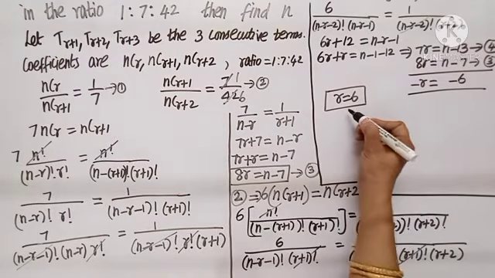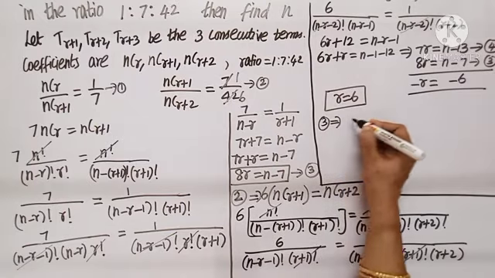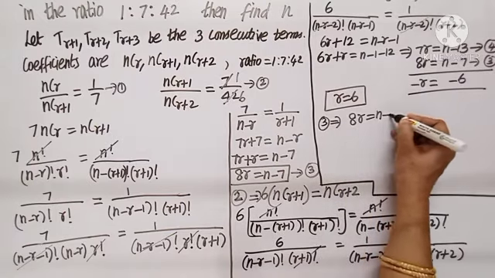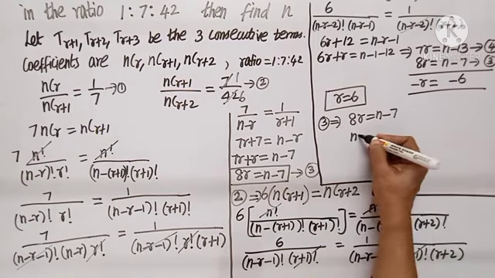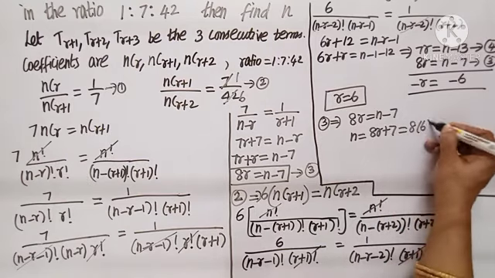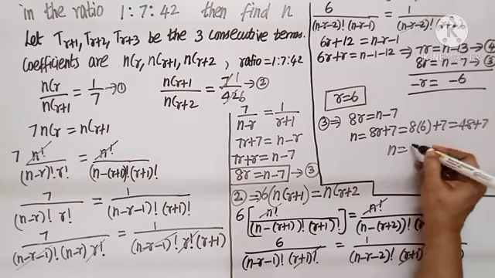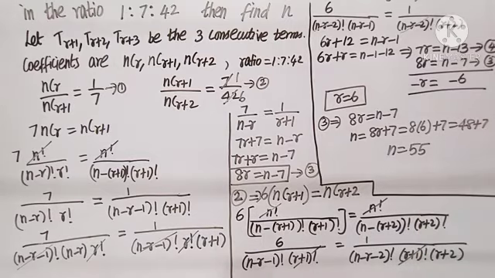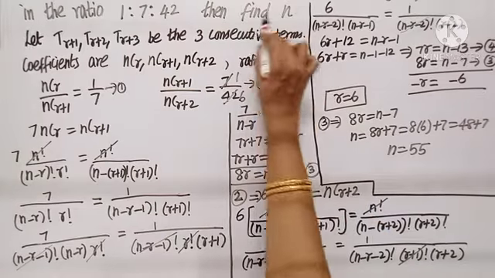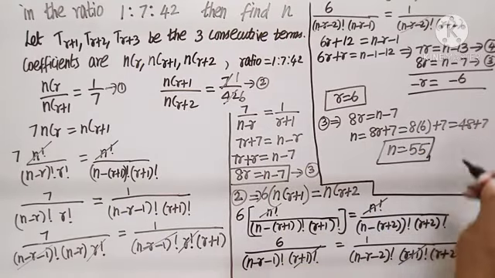Once I know r, I can substitute in the third equation. 8r equals n minus 7, or n equals 8r plus 7. 8 into 6 plus 7, 48 plus 7, so n equals 55. My question is to find n. So we have found out n equals 55 and that's the answer.